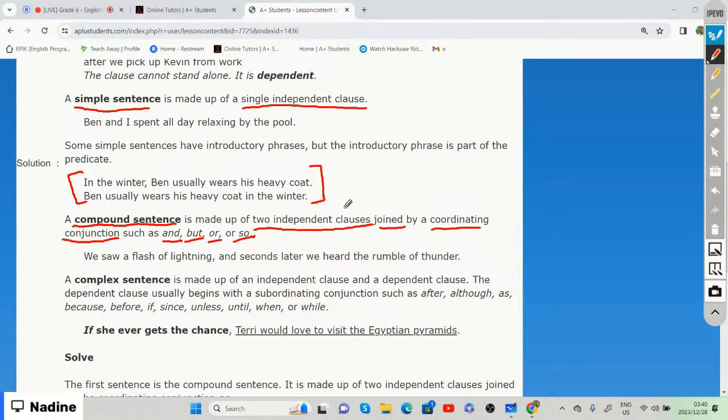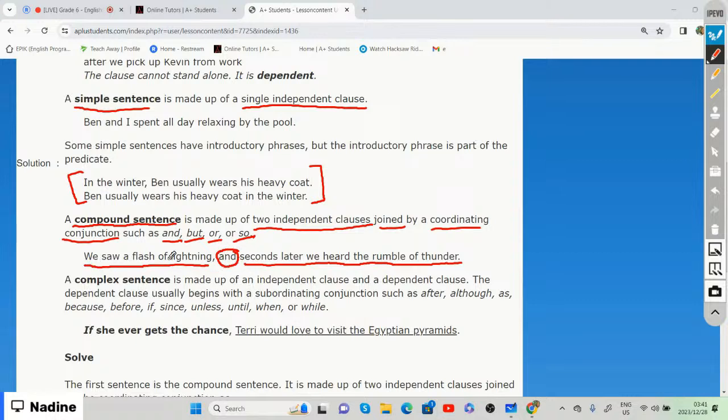For example, "we saw a flash of lightning," which is one independent clause. Here we have our coordinating conjunction, which is "and," and the second independent clause is "seconds later we heard the rumble of thunder." So these are two independent clauses joined by a coordinating conjunction, which is "and."